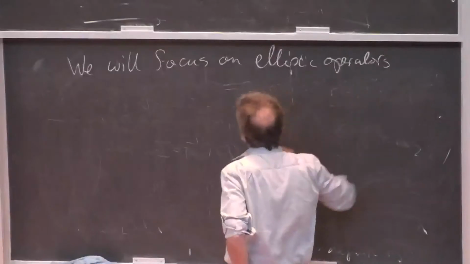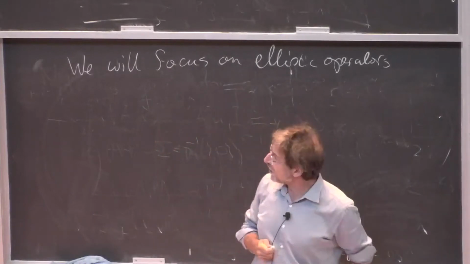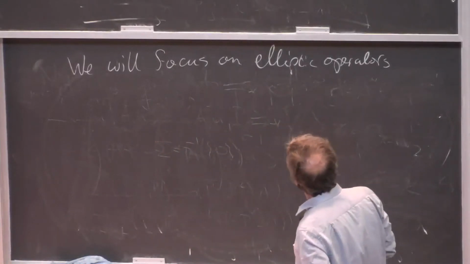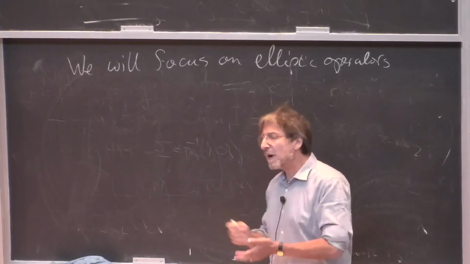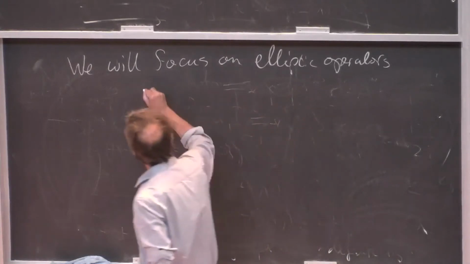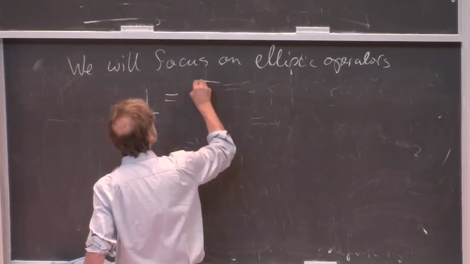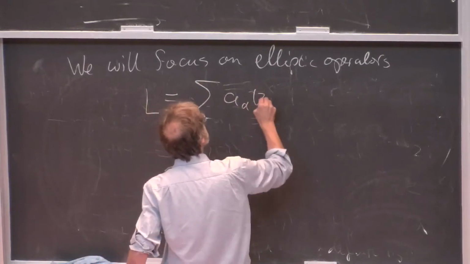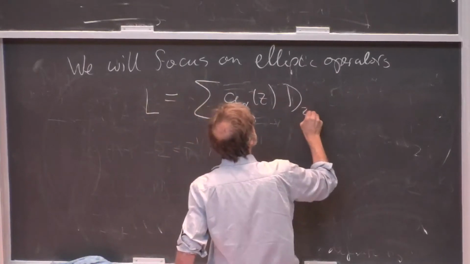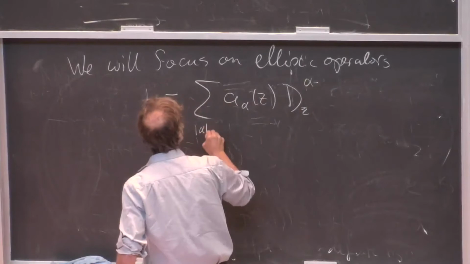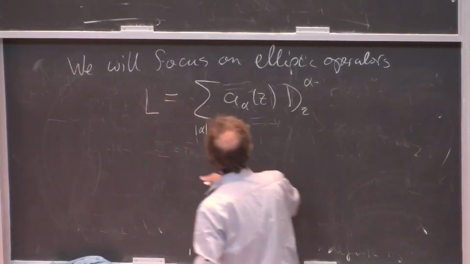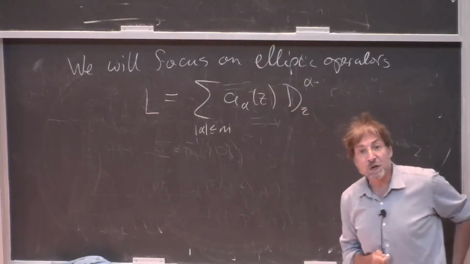And so what you saw this morning and this afternoon was that we have two ways of looking at elliptic operators. I'll start with the general mth order elliptic operator for the time being. It may look like this: the sum of a_alpha(z) D_z^alpha, with |alpha| less than or equal to m. So this is an mth order differential operator. I'll always be assuming that I have smooth coefficients.